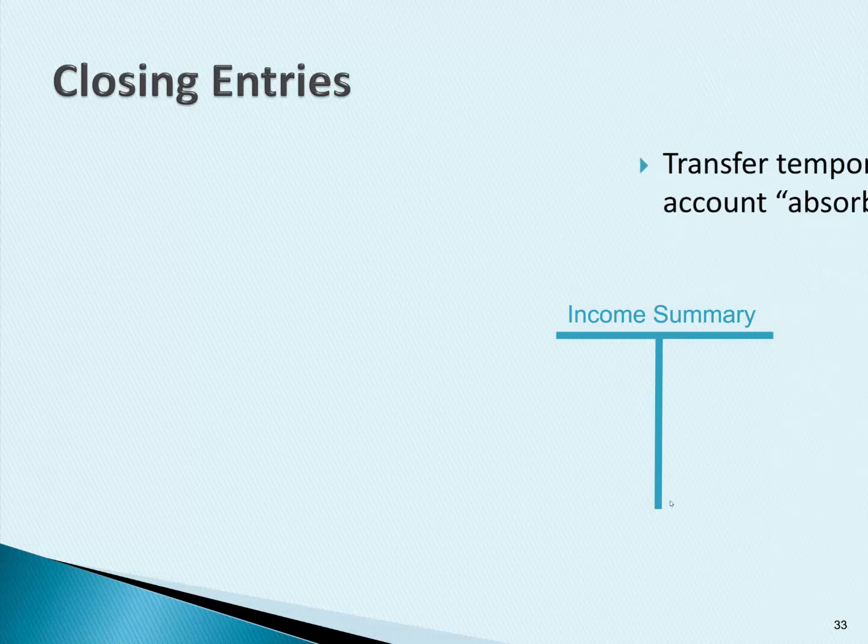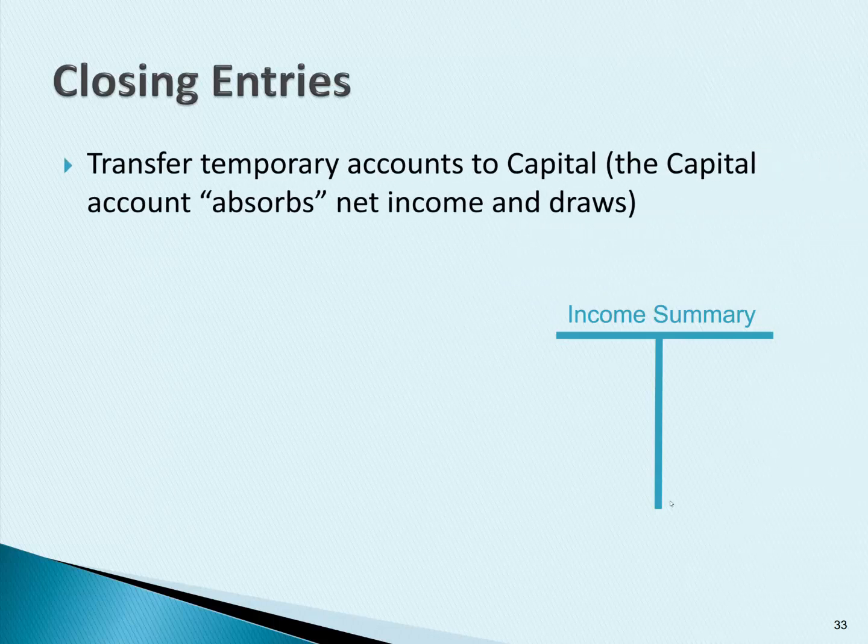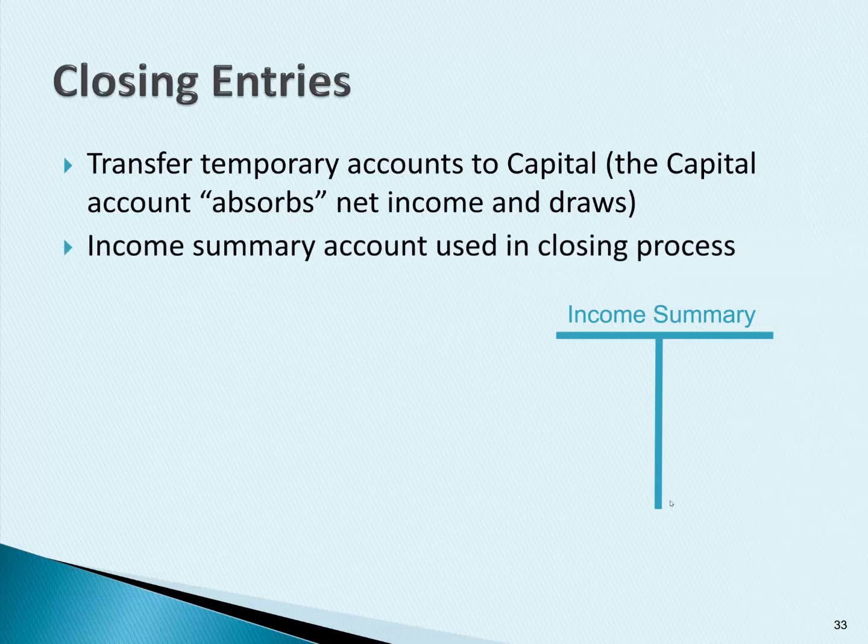So these closing entries will transfer the temporary accounts to capital. You can think of the capital account absorbing net income, which is revenue minus expense, and absorbing draws. And capital will go up or down accordingly. Now, to do this closing process, we need a new account called income summary. It's only used in the closing process.